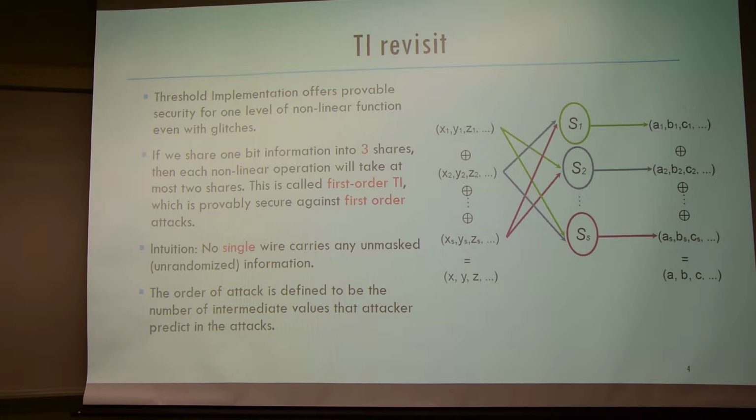Yeah, because if you focus on 2 wires, then the 2 wires will carry information, the complete 3 shares of 1 bit information. And that bit information is what you want to protect. Right? Correct. You are testing me? Okay, so do you still have a question? No. Okay.